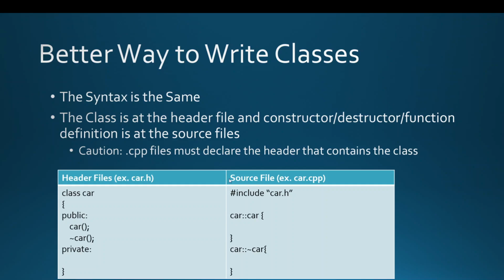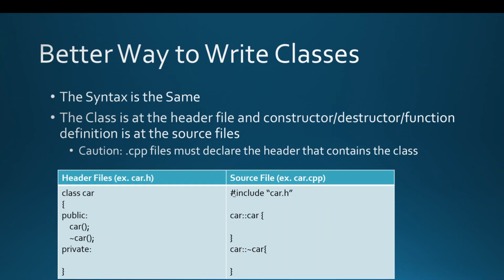As we learned about header files, you can do anything in them. You could define functions, you could even put a class. So we're going to put the class in the header file and name the header file the same name as the class. And when we go into the .cpp file, we're going to give it the same name as the header file, except instead of .h, it's going to be .cpp.